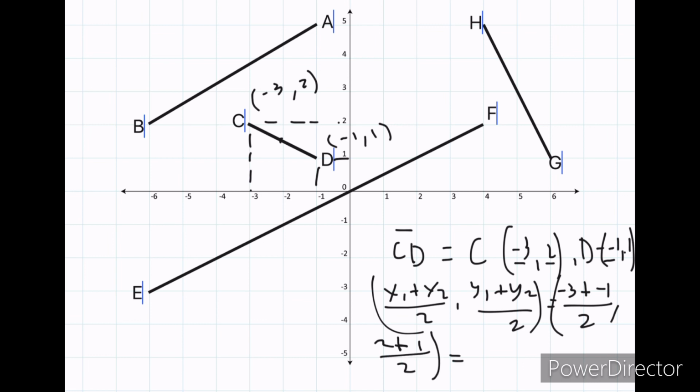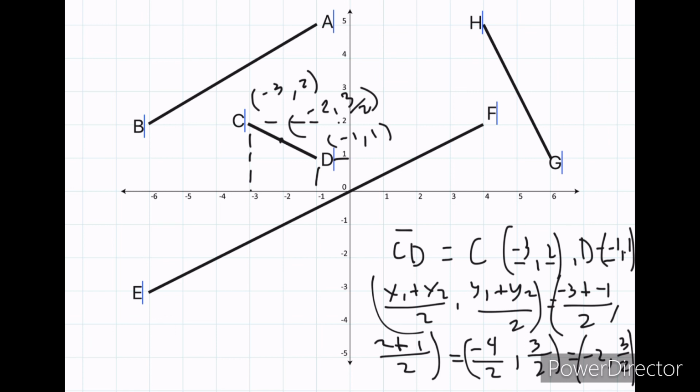So that is -3 plus -1, we have -4 over 2, and 2 plus 1 is 3 over 2, which is equal to -2 and 3/2. So the coordinates of our midpoint are -2 and 3/2.